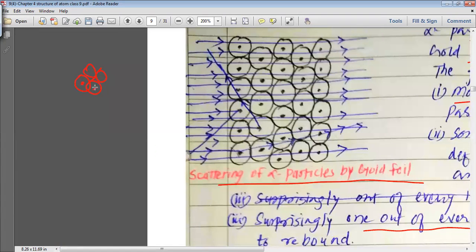These gold particles are present in the gold foil. These alpha particles are incident on the gold particles. So these alpha particles fall on the gold particles. What happens? Let us see. Now you can see these alpha particles falling on the gold foil. This is the gold foil.